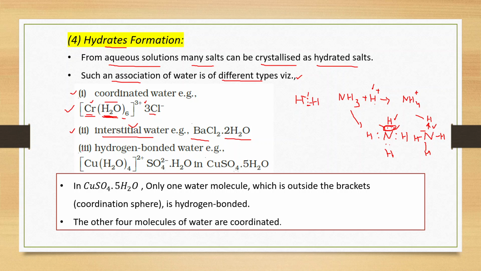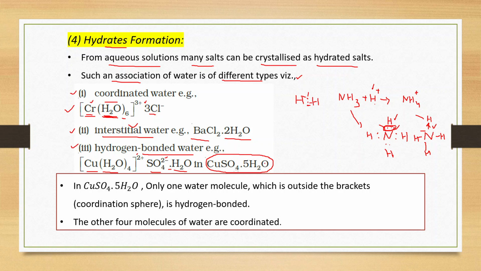Next one is hydrogen bonded water. See the example, [Cu(H2O)4]2+ SO4 2 minus . H2O. In CuSO4.5H2O, this formula of copper sulfate you have discussed in the lower class, copper sulfate pentahydrate.